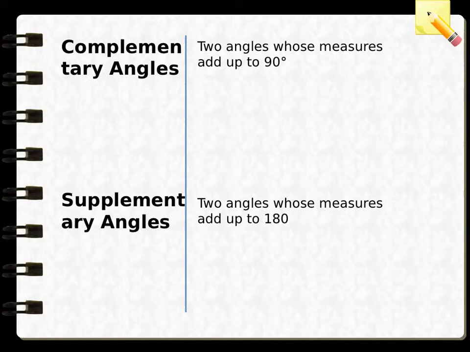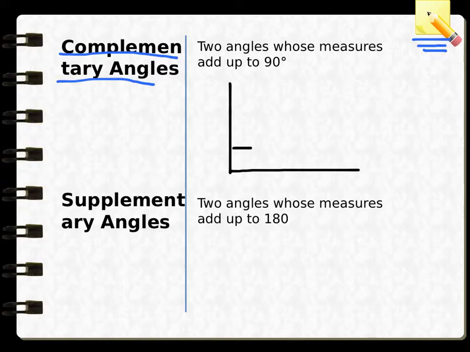All right, so we have 2 more definitions that we need to go through. These definitions need to be written in your notebook. However, I'm going to ask that you first listen to the explanation, then pause the video and copy it down. So the first definition is complementary angles, and those are 2 angles whose measures add up to 90 degrees, which all it means is if I have a 90-degree angle right here, and I cut it in half and I get 2 angles, A and B. I'm going to label angle A 40 degrees and angle B 50 degrees.